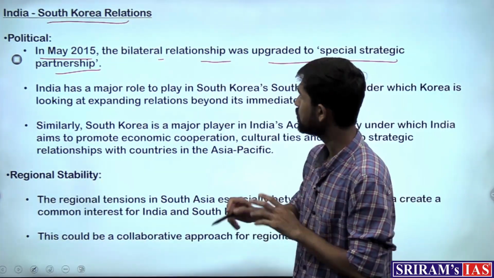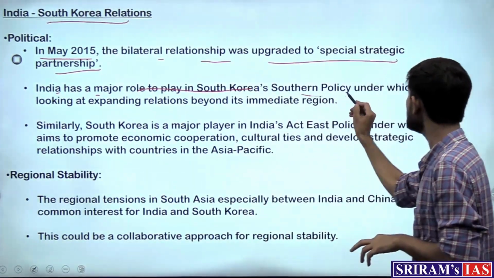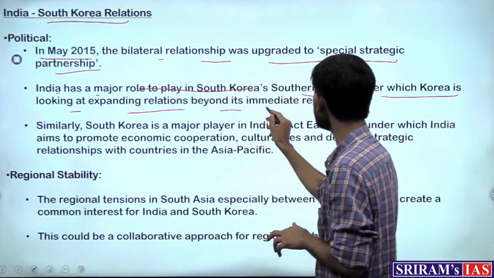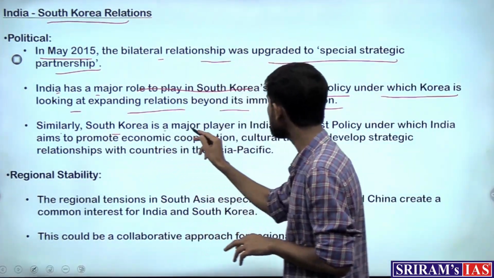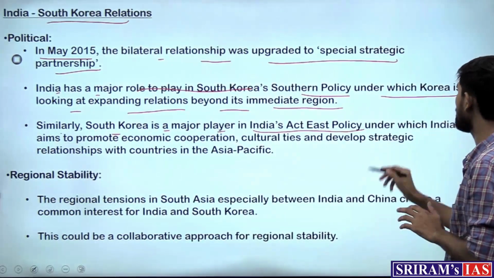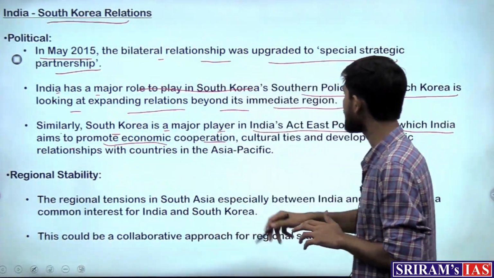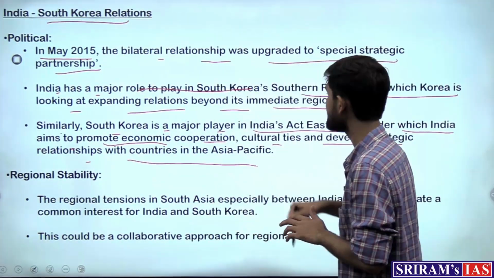So India has a major role to play in South Korea's southern policy, under which Korea is looking at expanding relations beyond its immediate region, right? And similarly, South Korea is a major player in India's Act East policy as well, under which India aims to promote economic cooperation, cultural ties, and develop strategic relationships with countries in the Asia Pacific.